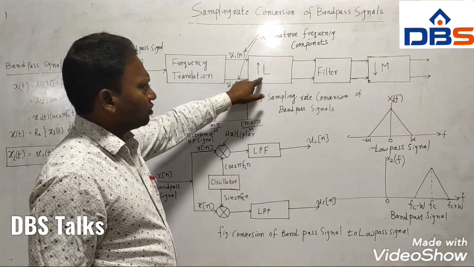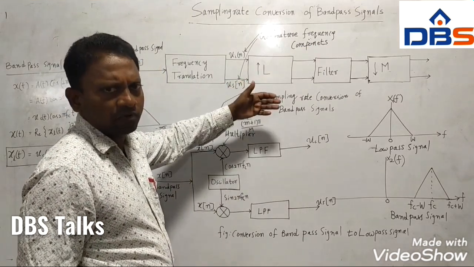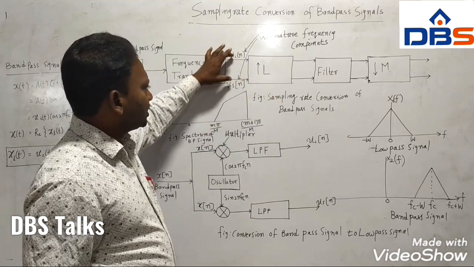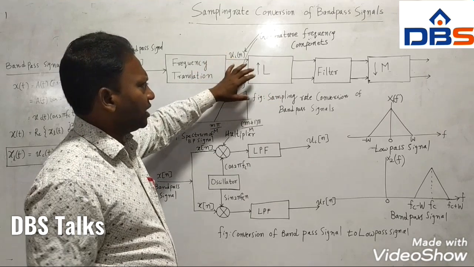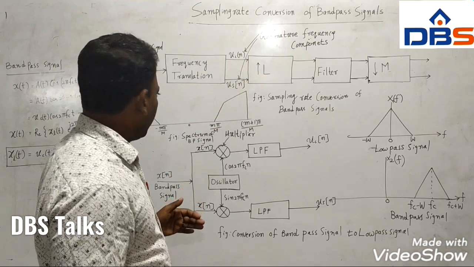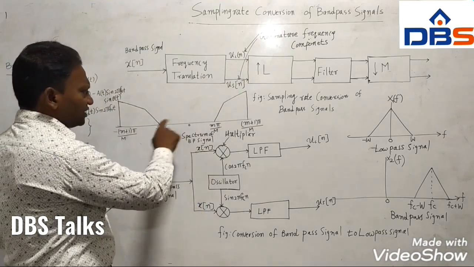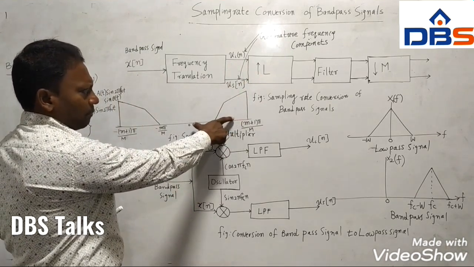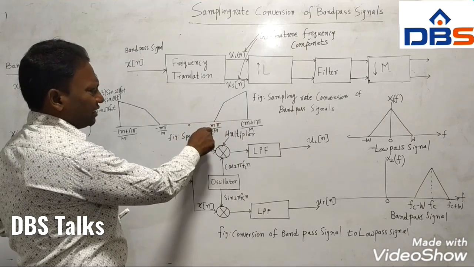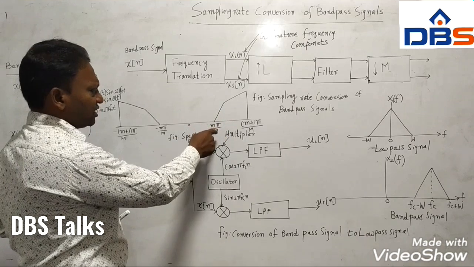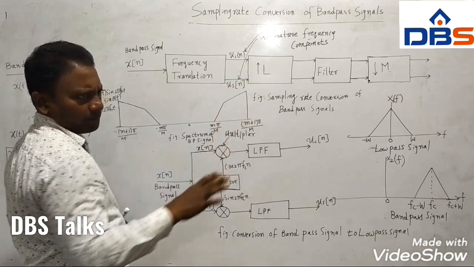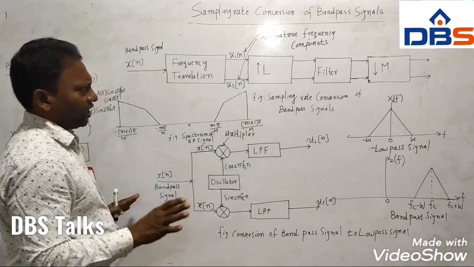Now after that, this is an interpolator, as we have already seen in many classes. Uc of n and Us of n are upsampled by a factor L. This is the spectrum of the band pass signal, where M is some positive integer; this capital M is the decimating factor.